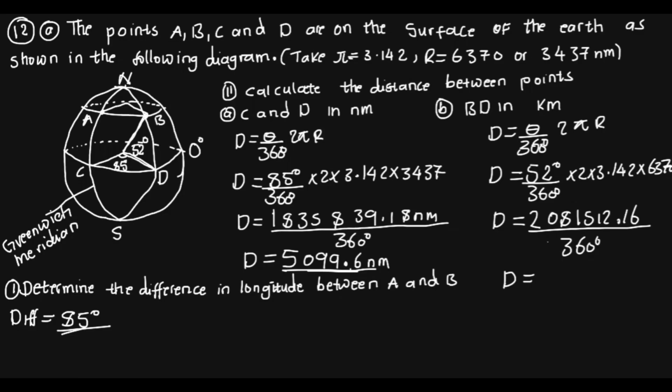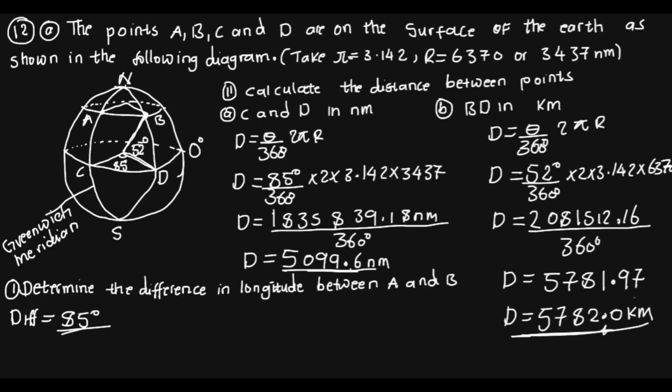So I'm getting 5,781.97. If we round it off, we are going to get 5,780 kilometers. So this is how we can simplify a question like this one.